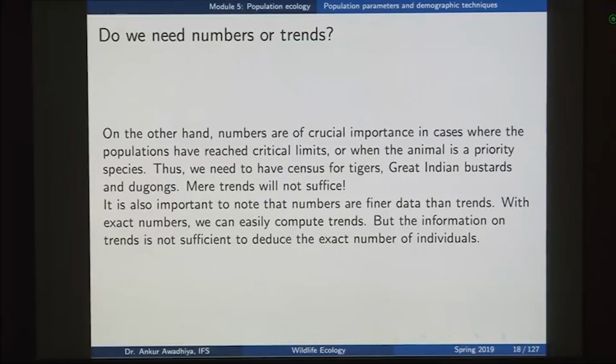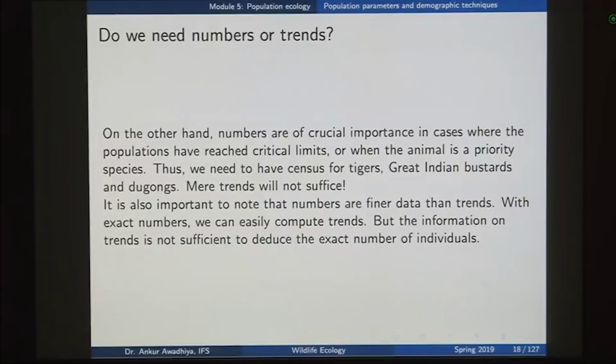Whereas, for some other organisms such as your critical species like tigers or dugongs, you would want to know the exact numbers. Now, numbers give us finer data than trends. So, if you know the number of animals that was there this year, last year and so on, you can compute trends from these numbers, but you cannot go the other way.